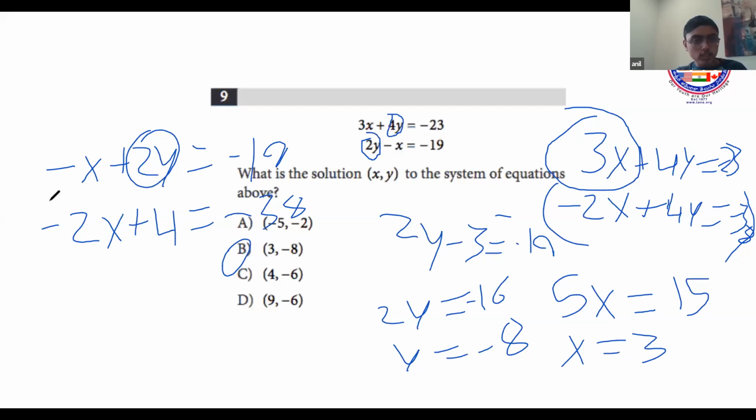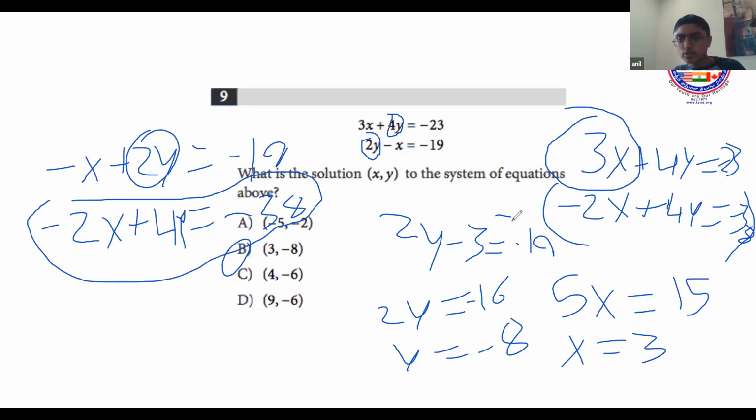So I multiplied this entire equation by 2 because that gives me 4y plus 4y. And then I subtracted so I can eliminate this plus 4y and this plus 4y. Negative of negative 2x is positive 2x, plus 3x is 5x, and negative of negative 38 is 38, minus 23 is 15, and you get 5x equals 15, and x equals 3.